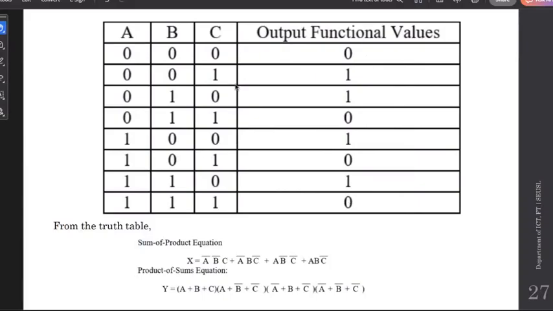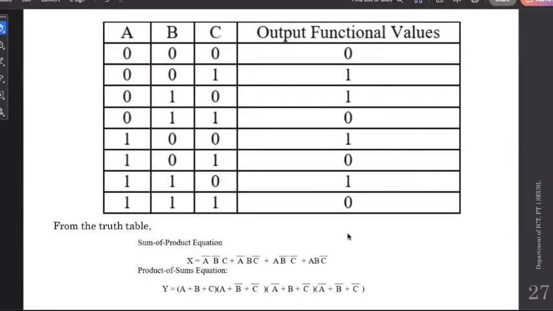From this truth table, you have to derive the equations. Now just follow this, forget the product of sum form. We just focus on the values where we have 1 and omit the 0. That is the rule.